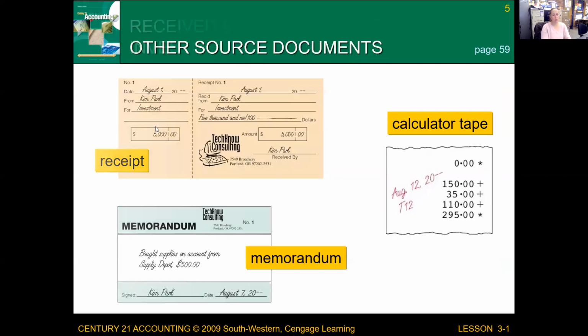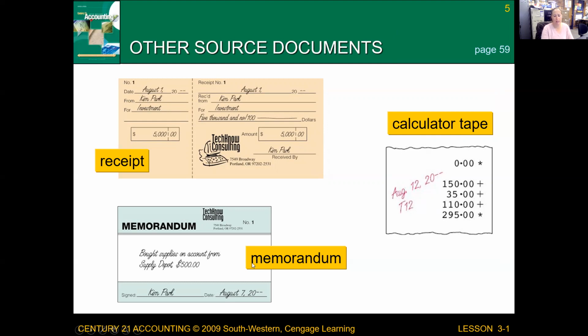The only one that will not use the first letter is calculator tape, because we're going to use C for checks. Calculator tape starts with a C, so we go to the second word and use tape. It will usually say on the calculator tape T12 or T whatever. So that's the only one that we won't use the first letter for.